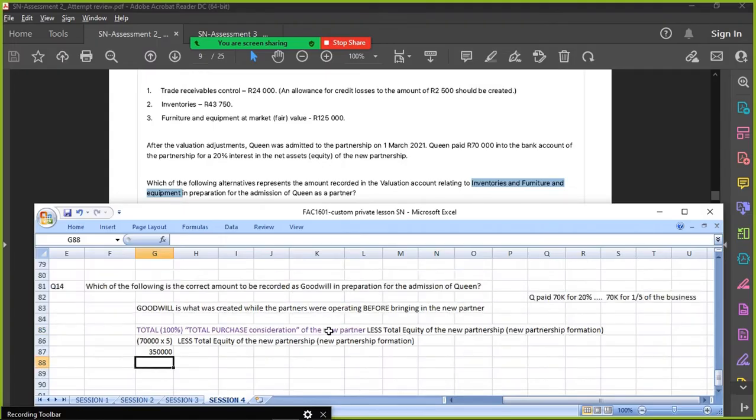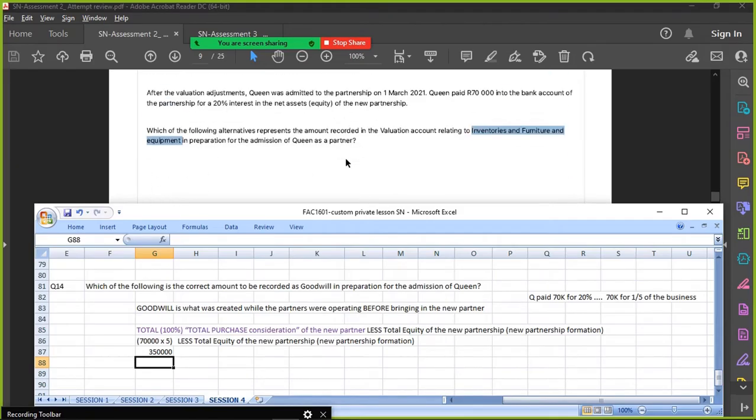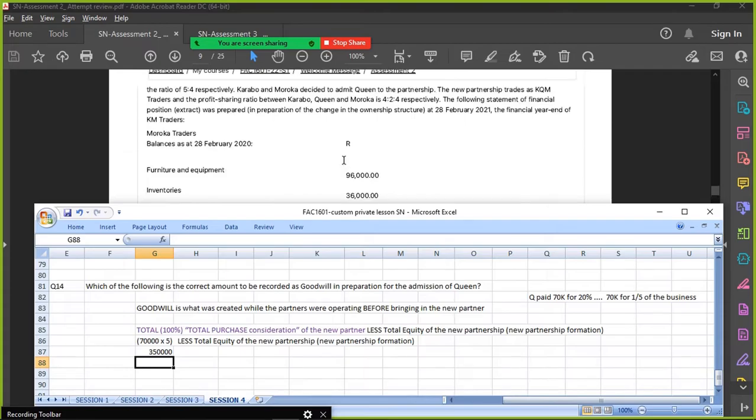Okay, where is it? Let's go up. All right, so the new partnership. I need to work out how much equity the new partnership has.